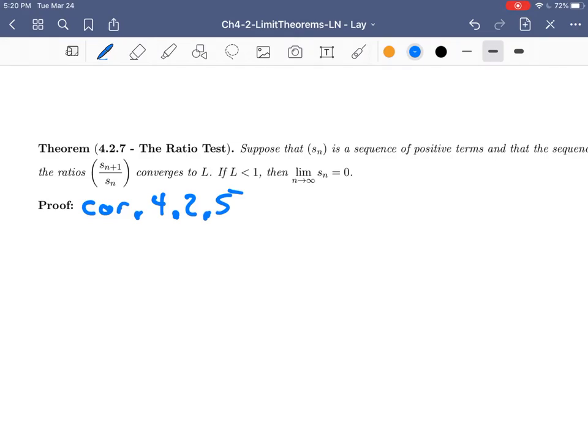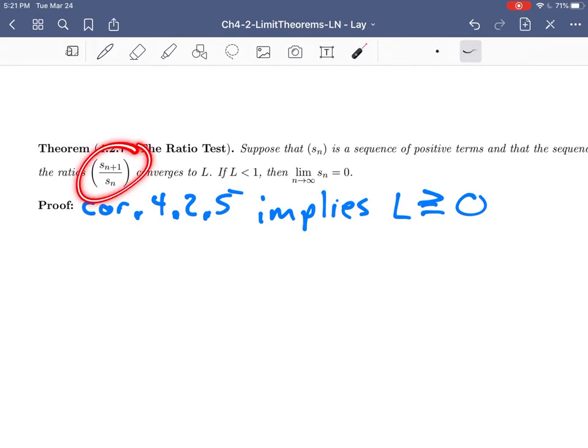So our corollary implies that the value of L has to be greater than or equal to 0. Up here we have terms that are all non-negative, in fact positive terms.